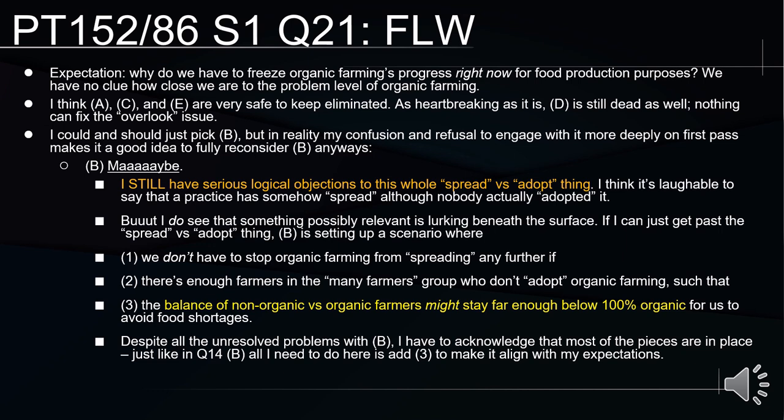Answer choice B clearly sets out 1 and 2 already, that we don't have to stop organic farming from spreading any further because there's people who may not end up adopting it anyways, even if the practice spreads. And the only real unknown is that we don't know for sure if the holdouts who don't do organic farming are going to be enough to help stave off food production. But at the same time, we have to invent less to make B work than all the others. So I grudgingly end up selecting B here.